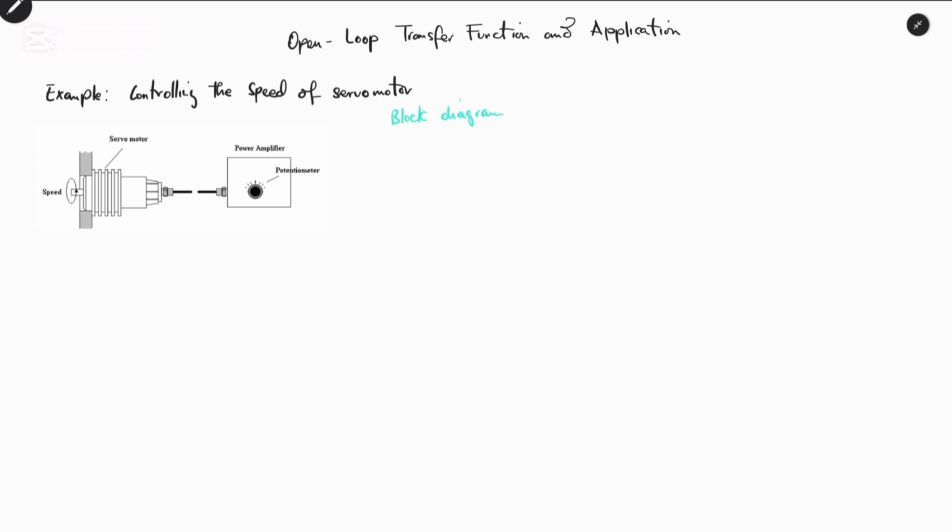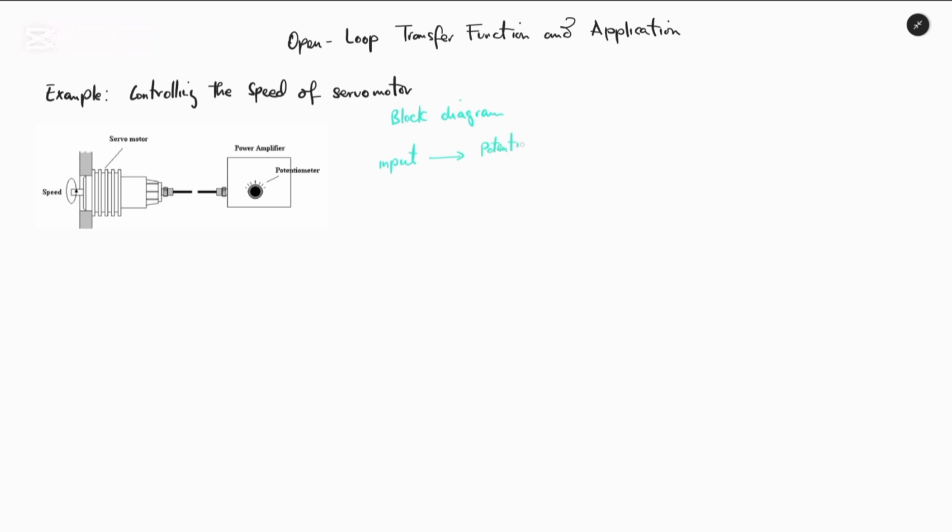And we all know in the block diagram we should have the input, and the input must be connected to a controller. In this diagram we can see that the controller is nothing but the potentiometer.